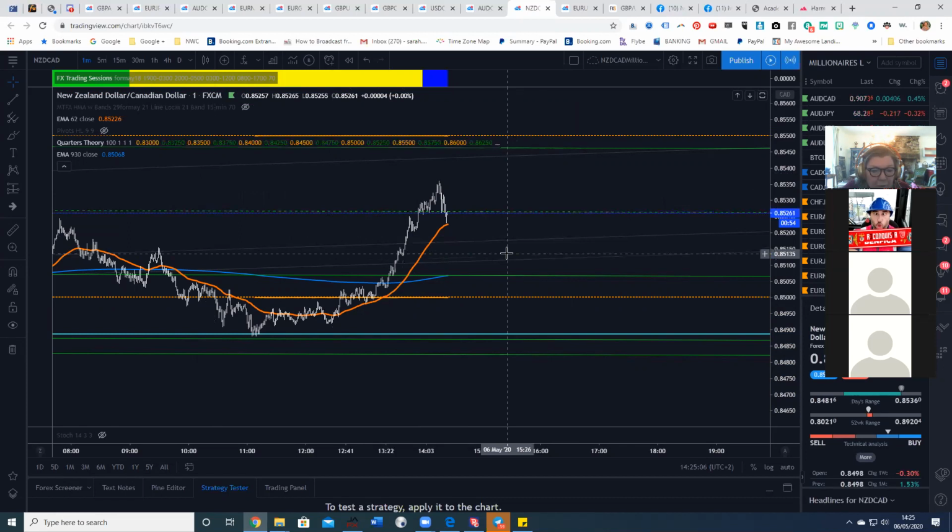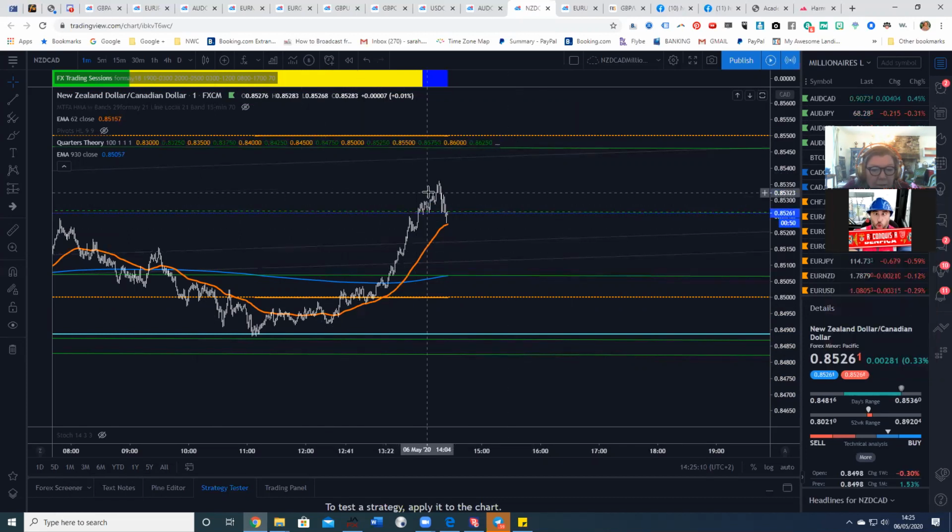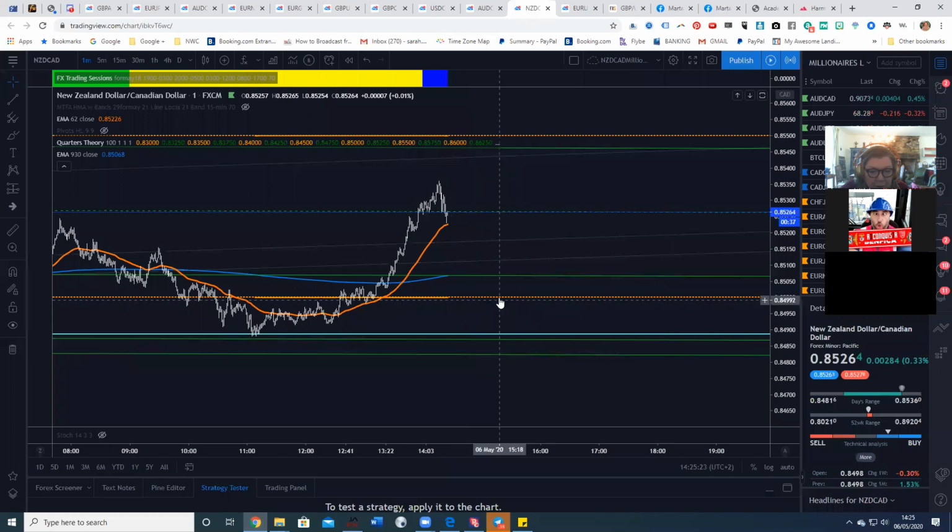NZD CAD. What is this doing? That's a buy. It's broken above there. That's 2 confirmations for a buy. But as you can see, it's dropping back down. Is it retesting? Is it going to carry on up? It is well past the pitchfork, so it's in the middle there.